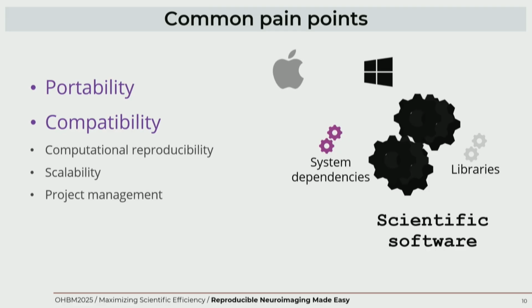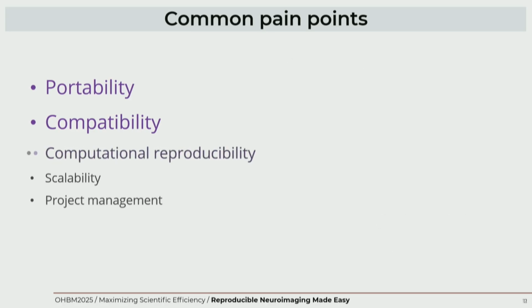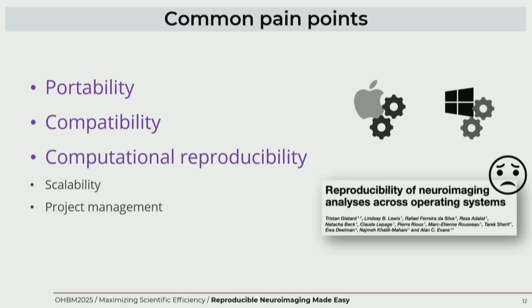In practice, you always have to install a software version that is compatible with your specific operating system. And because you do that, and the system dependencies vary, you might run into the problem of computational reproducibility. Researchers have found that results may differ even when you are using the same data and the same software, which is caused by variations in the underlying software dependencies.